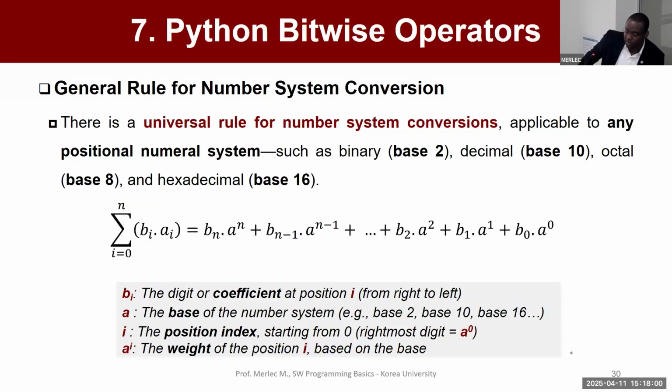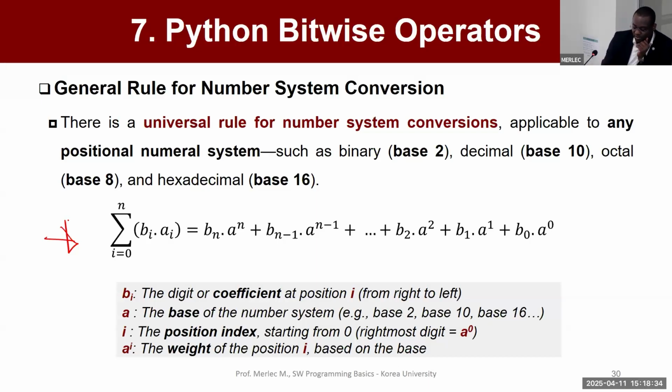Let me first show you the approach used to convert numbers from one system to another, and then I will explain more how to use those binary operations. There is a universal rule for number system conversion, which is given here for any positional number system.